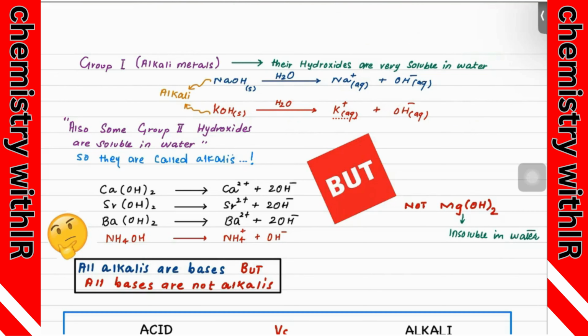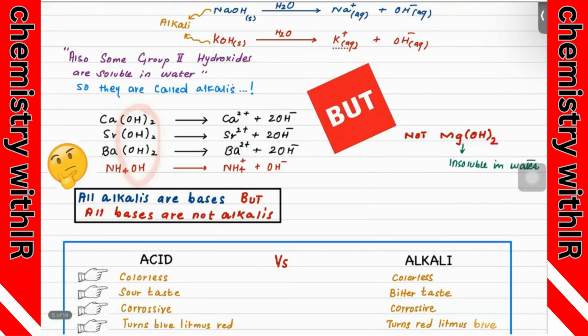So they are hydroxides, so they are bases. Moreover, if the examiner asks you to identify which one is base and which one is alkali, then you need to look at the solubility of that particular substance. Like ammonia is soluble in water.